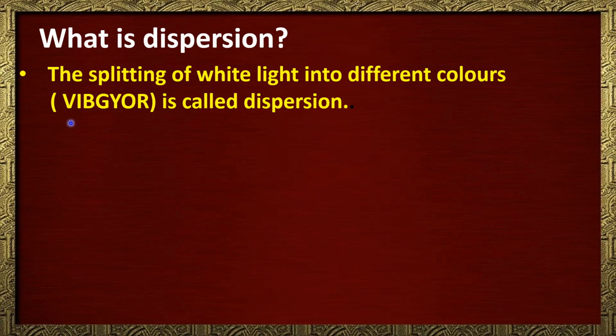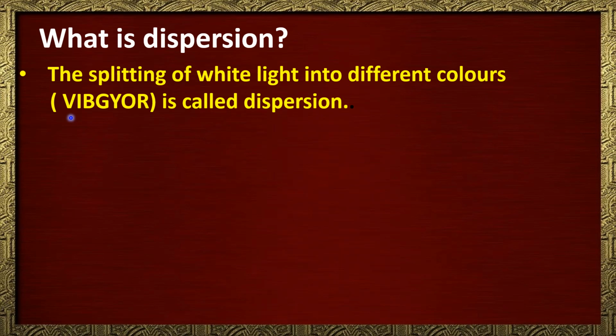That is, the refractive index of violet color is more than the refractive index of red color. Similarly, the speed of violet color in any transparent material is less than the speed of red color light. For that reason, why their speeds are different, I already told earlier.